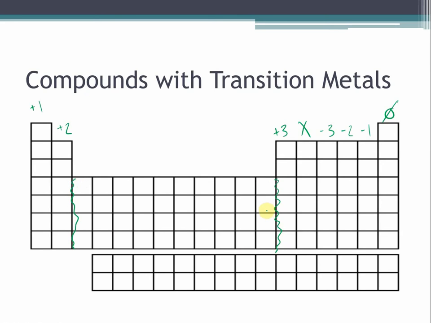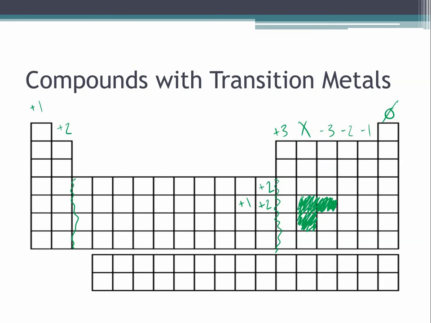Cadmium is right here, and it's always a +2. Zinc is a special case. It's right here. It's always +2. Silver is always +1. And again, we also have 3 representative elements that do not follow the rules. These 3 elements here are your 3 exceptions: lead, antimony, and tin. They do not follow the charges that are listed at the top of the table.